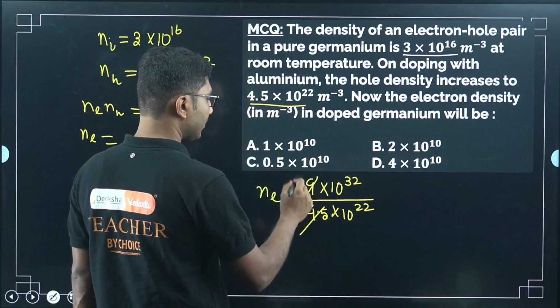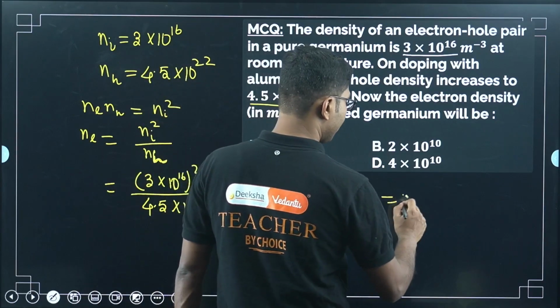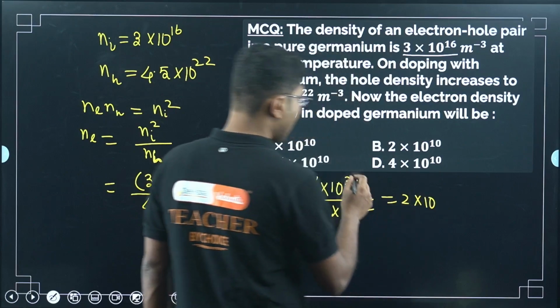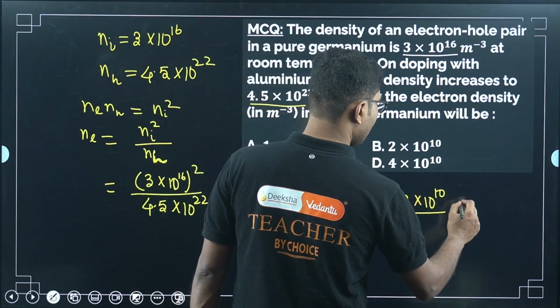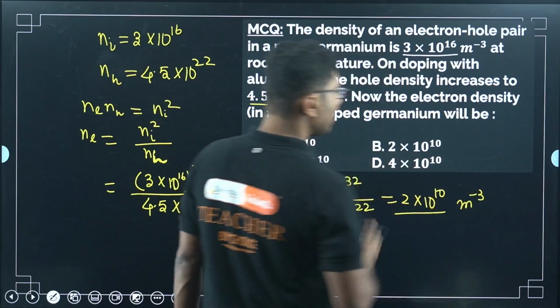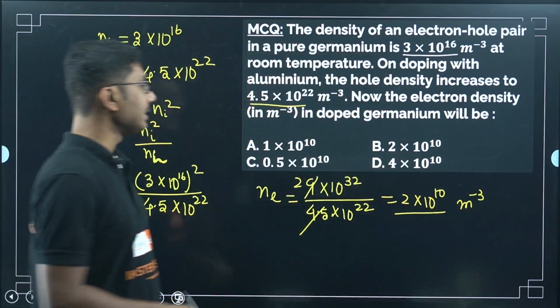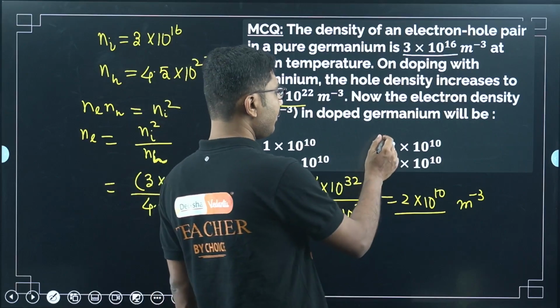So it becomes 2 times 10 to the power 32 minus 22, that is 10. So the concentration of electrons is now 2 times 10 to the power 10.